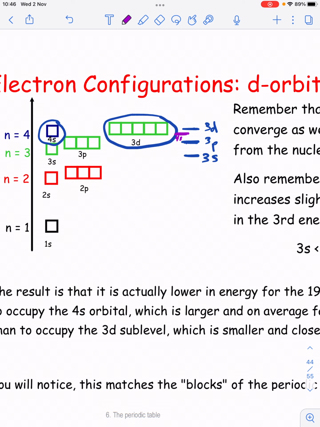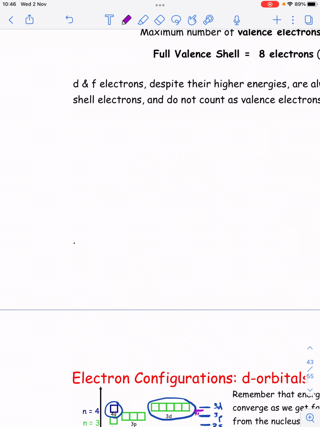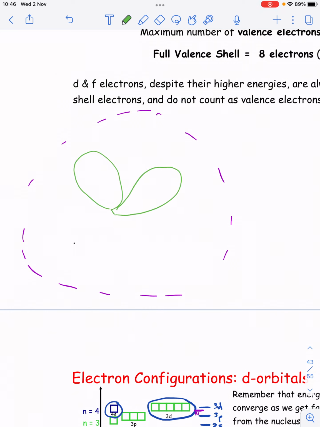Now the 4s is a bigger orbital. If I were to attempt to draw a picture, then my 4s orbital would be larger than the 3d orbitals. 3d orbitals, remember, have these wacky clover-like shapes, or they have rings. So the 3d is higher energy, but physically speaking, it's inside of the 4s orbital.